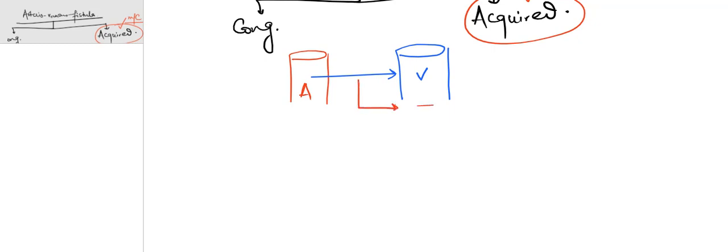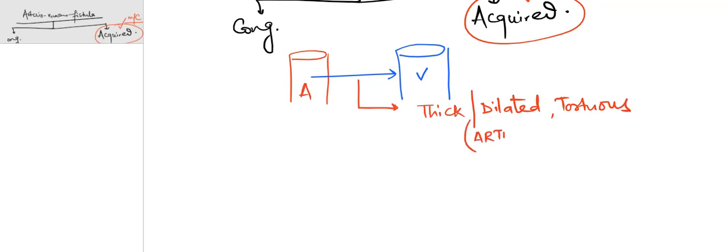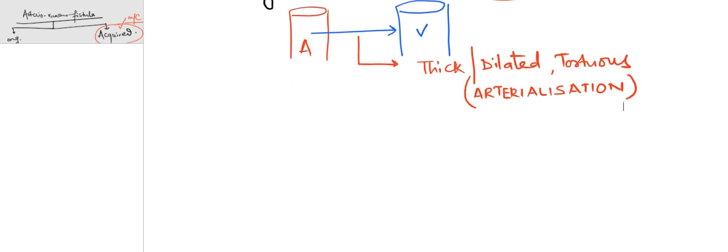The vein wall gets thick, the vein gets dilated, and it gets tortuous. All these changes combined can be called arterialization of the vein, because now the vein starts to resemble an artery, as it receives high pressure, high flow blood directly from the arterial side.